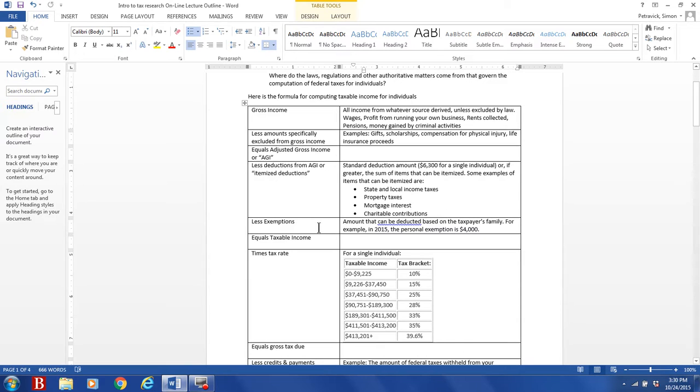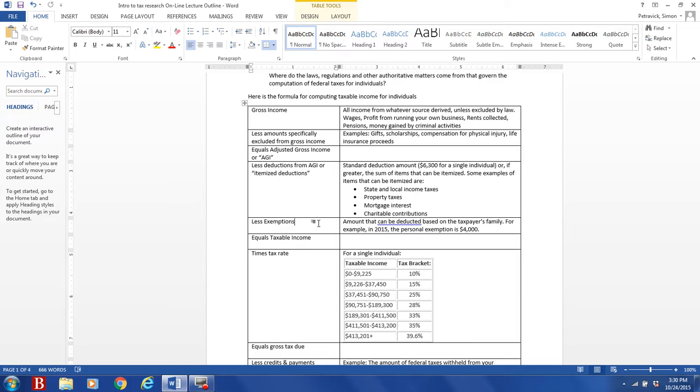Once you've subtracted either the standard deduction or itemized deductions, you can then subtract exemptions. You could think of this as how many people are in your family. For each person in your family, there's a $4,000 personal exemption.